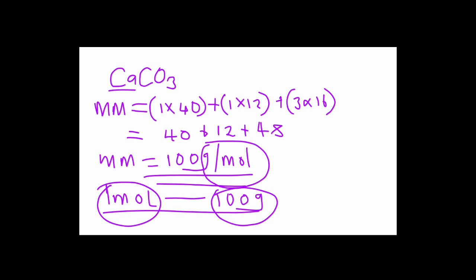If we have 1 mole of calcium carbonate, it means we have 100 grams of calcium carbonate. This is the information we need to have in our hands so that we find it easier to succeed on the new subtopic we are going to discuss in this video.